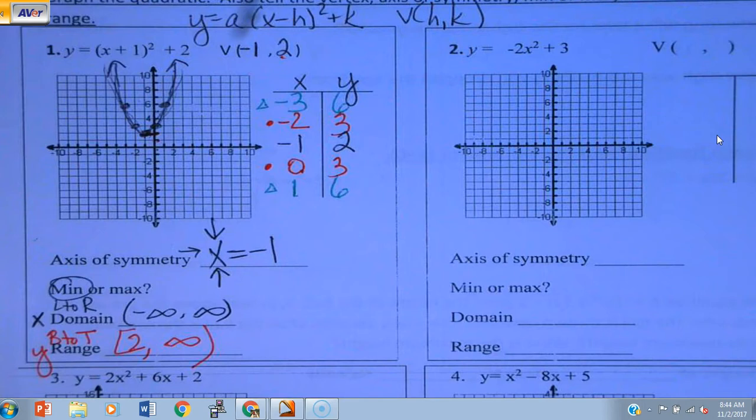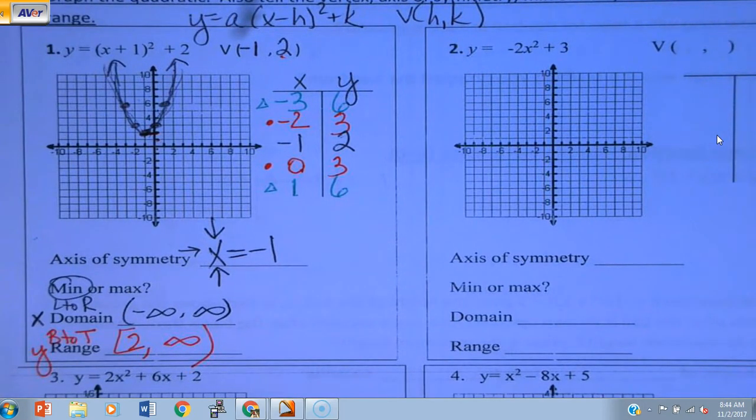Now 2 I'm going to make you think. 2 is also in vertex form. And you're like, wait, what? It is. Yeah. So you look at that and you're like, but there's no parentheses. Here's what it looks like if you're a creature of habit and you want to see another way that it can look.